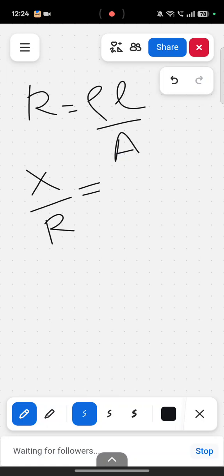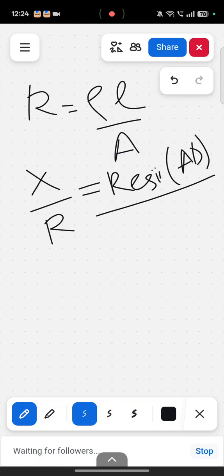So according to the Wheatstone network, this is the balancing condition: X upon R is equal to the resistance of length AD upon the resistance of length DC. The balancing length, the resistance of Lx and the resistance of Lr.